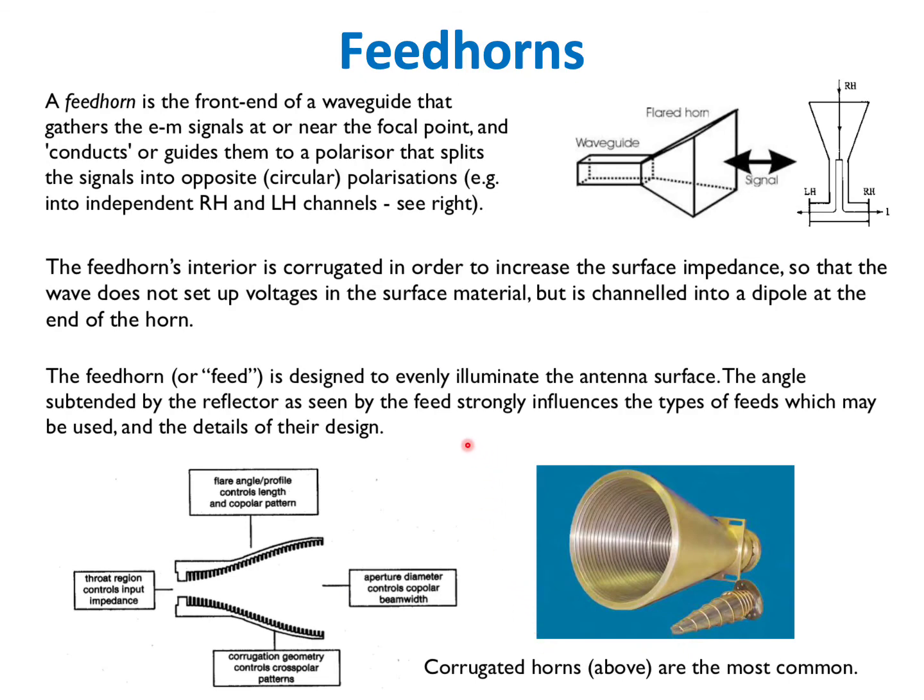So earlier I mentioned I would get back to feed horns when I was talking about prime focus feeds. What we need to do with the feed horn is we are using our main dish, our main reflector, to direct our radiation towards either a subreflector or the feed horn itself. Even if it hits the subreflector, it's going to re-reflect towards a feed horn.